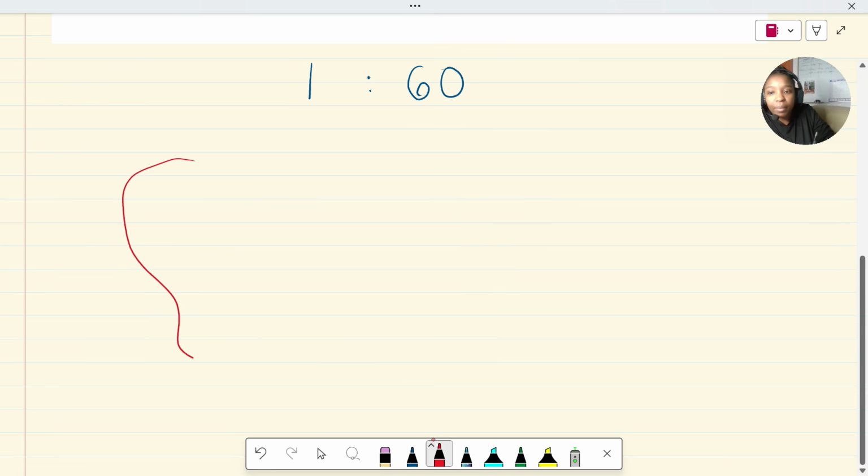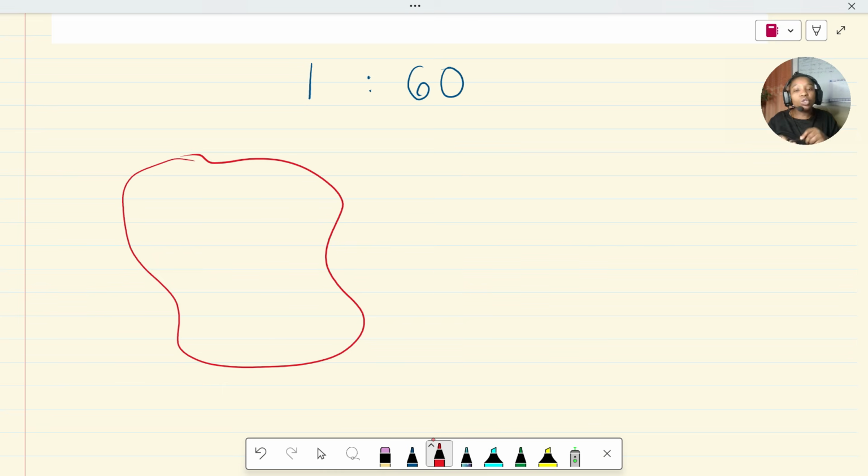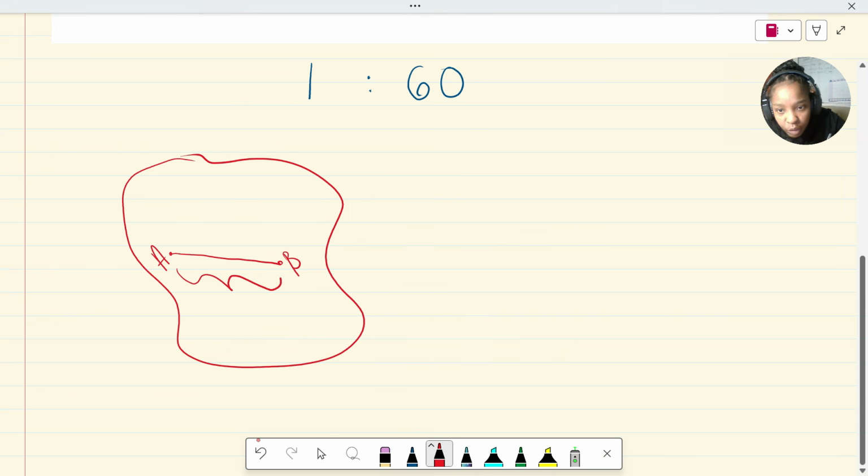You're given a map, and this is just a map that shows different towns and destinations. You want to go from point A to point B. They tell you that the measured distance, so you measure on the map, literally, the distance from point A to point B, to be 10 centimeters.